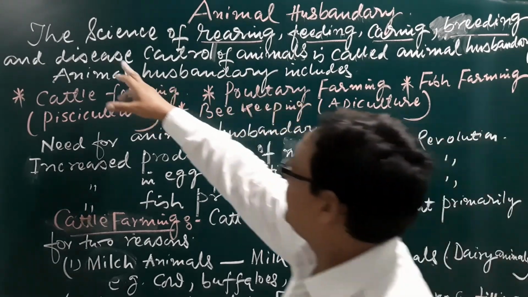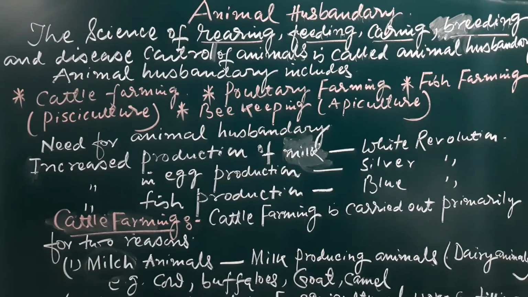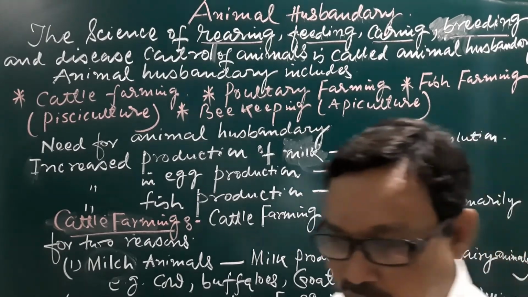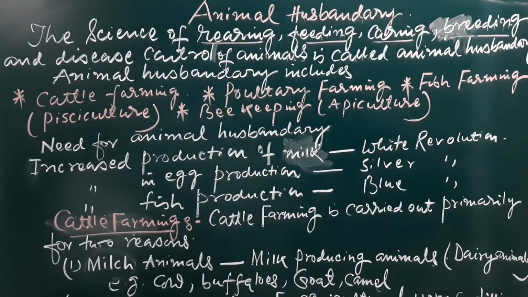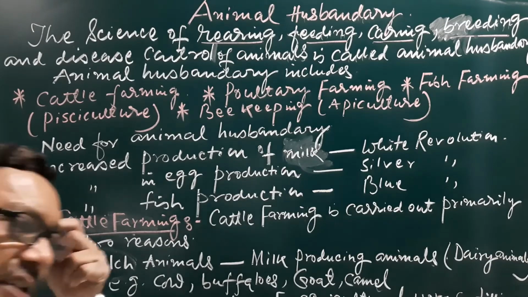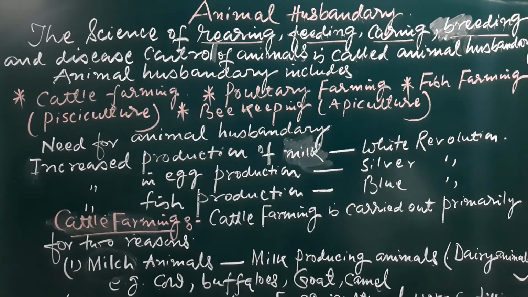So again, the science of rearing, feeding, caring, breeding and disease control of animals is called animal husbandry. Nowadays there is a great requirement of eggs and meat, as the lifestyle has changed, and due to the changing lifestyle there is also a greater requirement of meat, the flesh of animals, and eggs, which are also big sources of our food.